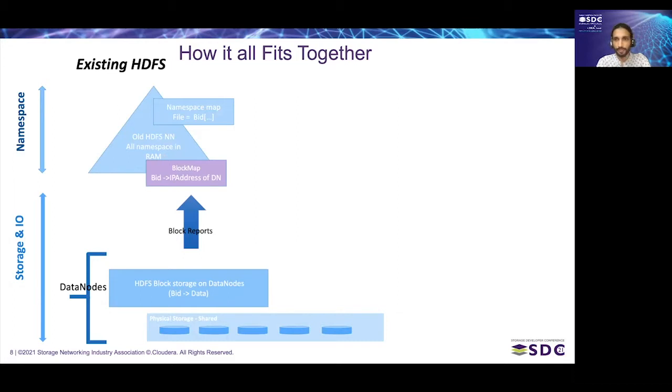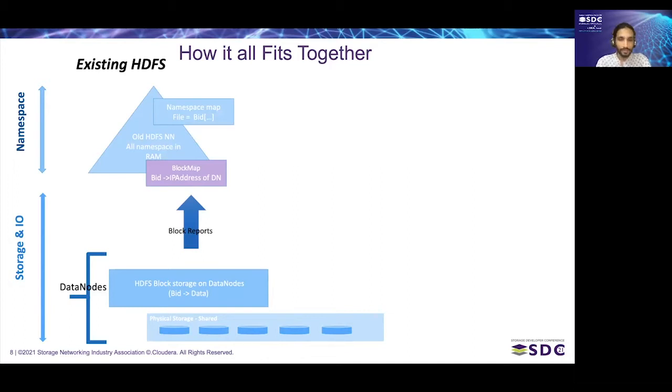These data nodes manage the disk or volume on a physical host, and they also send periodic block reports to name node. Name node would analyze these block reports and identify any under-replicated or over-replicated blocks. For under-replicated blocks, it would make sure that the block is replicated to some other data node. For over-replicated blocks, it would make sure that excess blocks are deleted.